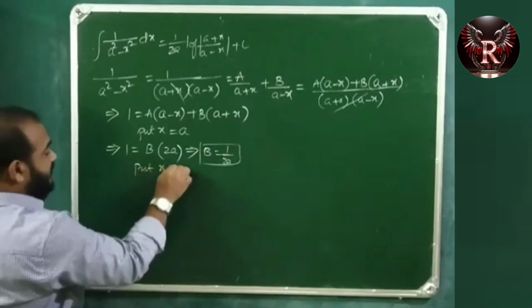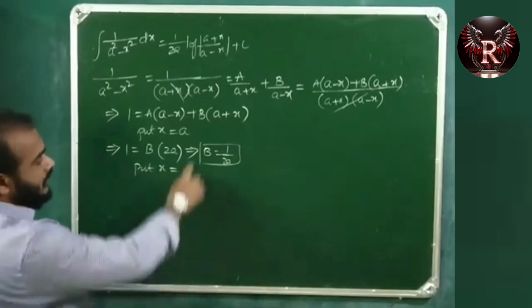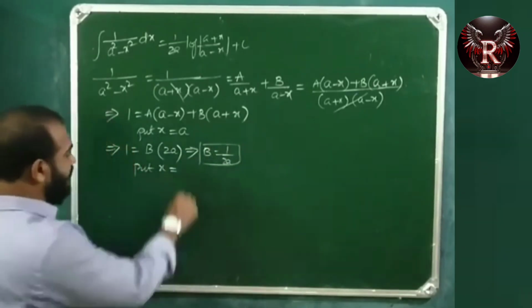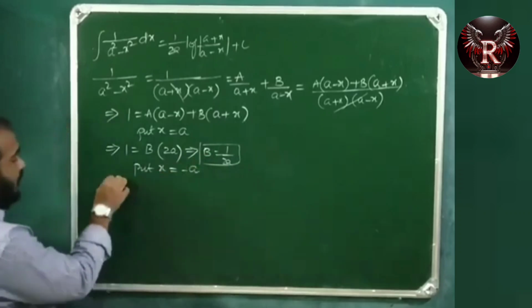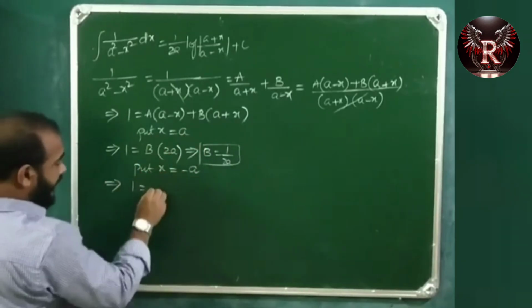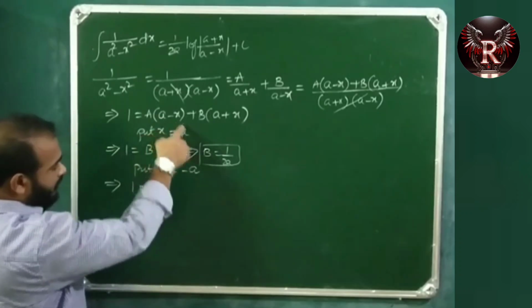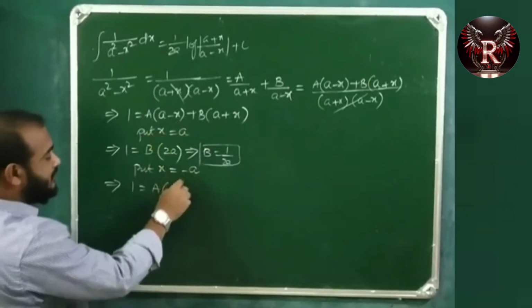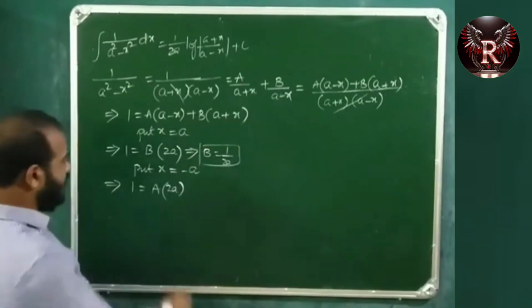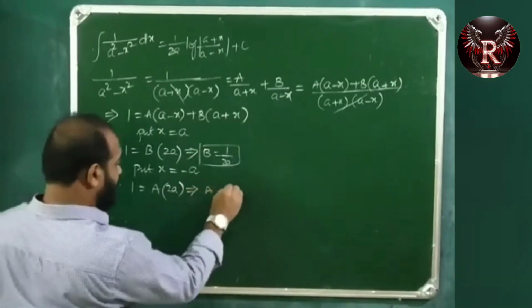Now a plus x is a factor; equated to 0, x equals minus a. So now 1 is equal to B into a minus a, which is 0, plus A into a minus of minus a plus a, which is 2a. If you substitute minus a here, the B term becomes 0. So again A is equal to 1 by 2a.